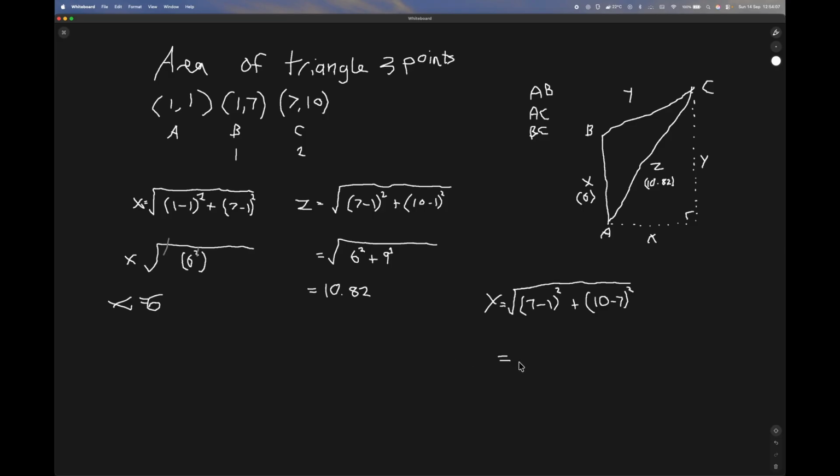Is equal to the square root of 6 squared plus 3 squared, which in my calculator is equal to 6.71.